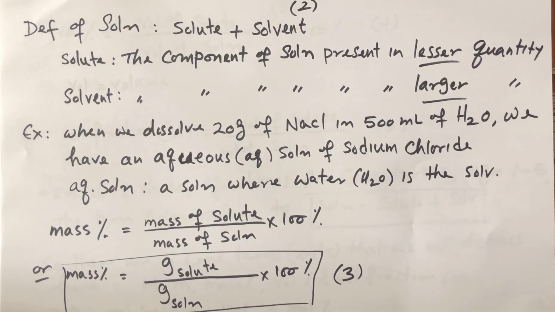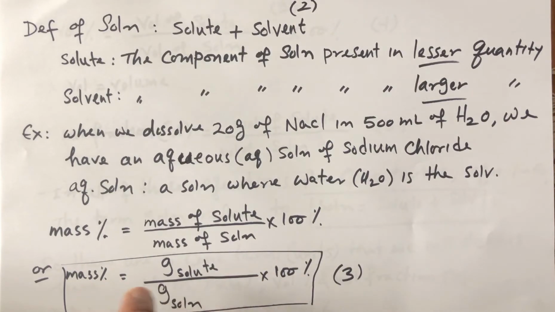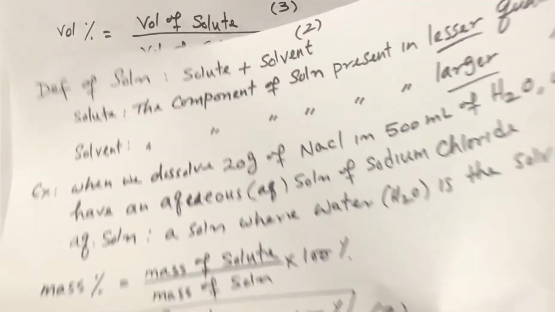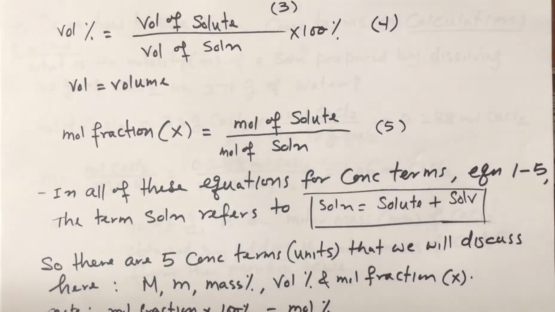Remember, the grams of solution refers to the total mass of the solution, which is the mass of solute plus the mass of solvent. And don't forget that this ratio must be multiplied by 100% to give us the mass percent. Now in the next slide we take a look at some other information related to concentration terms.